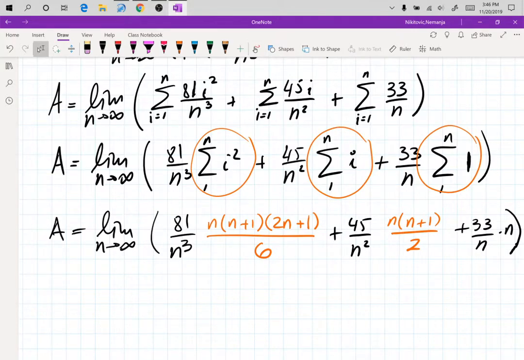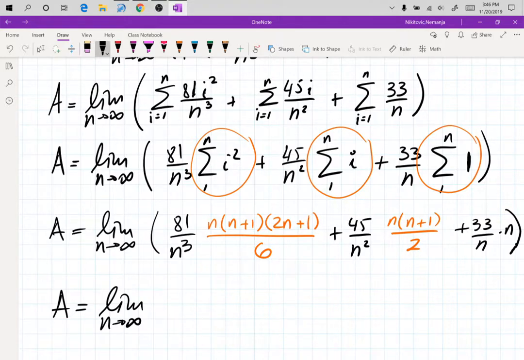And now, look what we have. A basic limit from chapter 2. You can just worry about the front coefficients, because this is the limit as n goes to infinity, so only the coefficients matter. If the exponents are the same, the rest of the stuff doesn't matter.